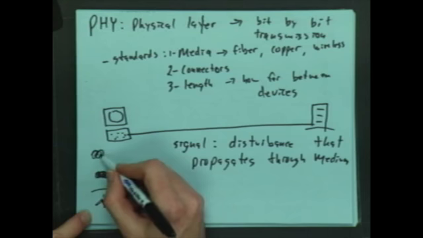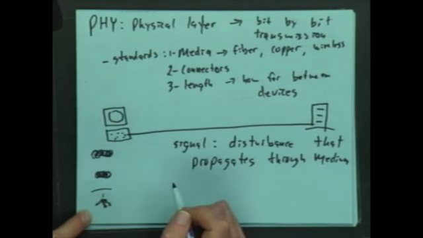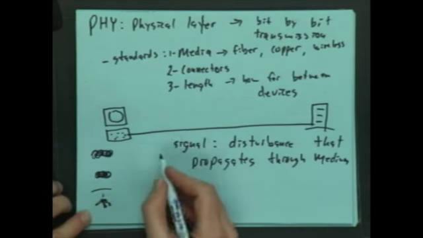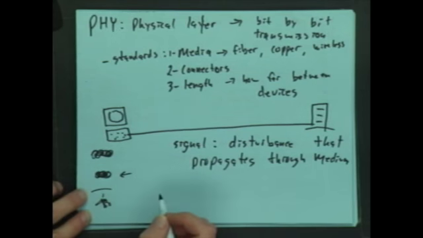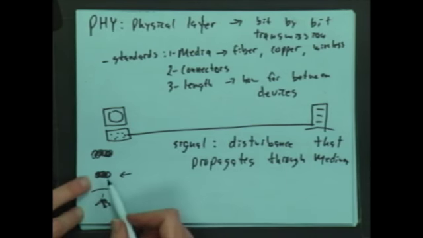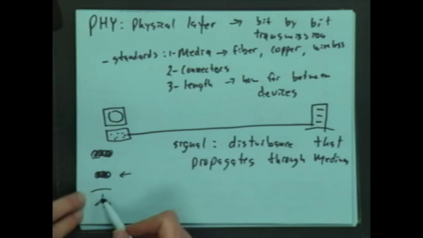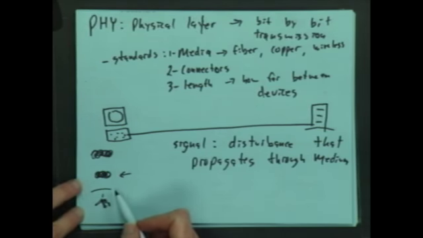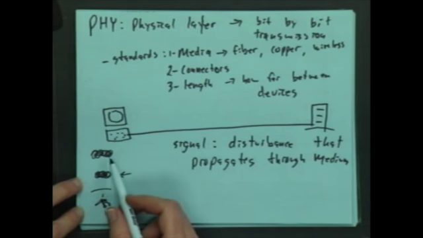And I might have another one here. Okay? So the signal here is the disturbance. So the disturbance is the gathering of the smoke, and then I release the smoke, that's the disturbance, and it goes through the air. That's the medium.